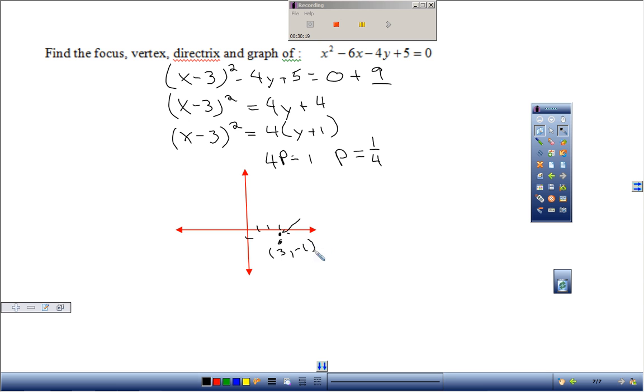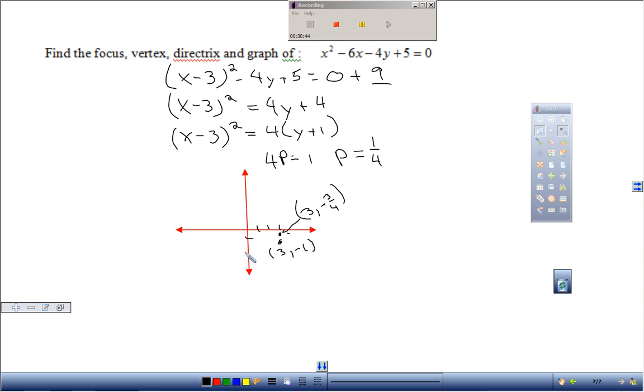Then this focus is going to be at 3 comma negative 1 plus 1/4, which puts you at negative 3/4, right?